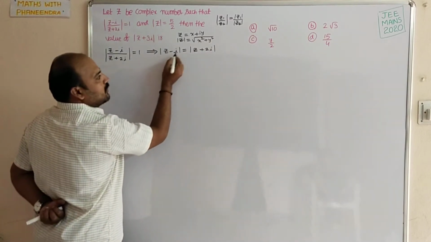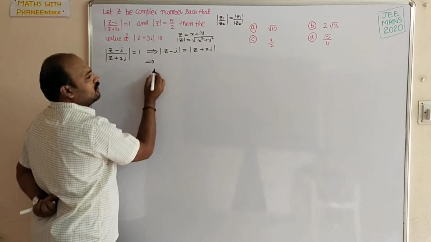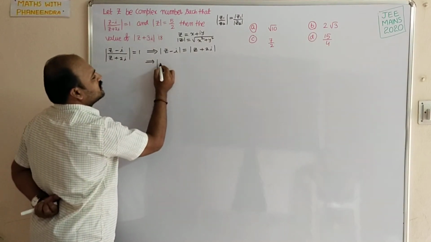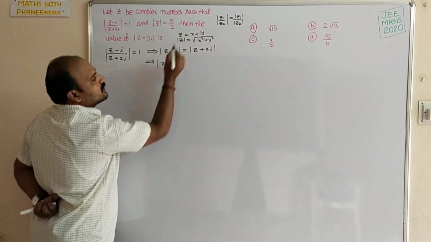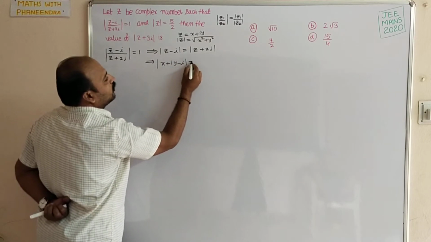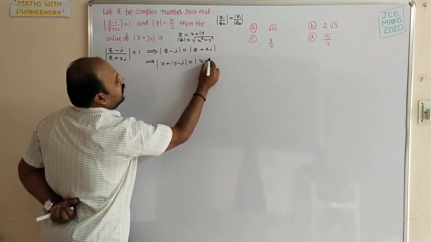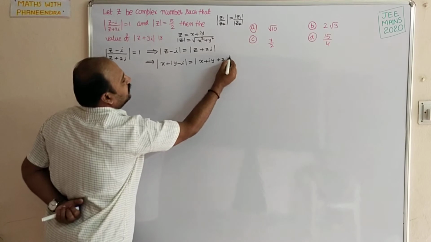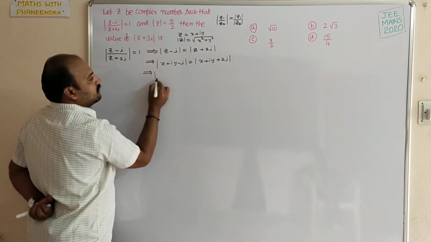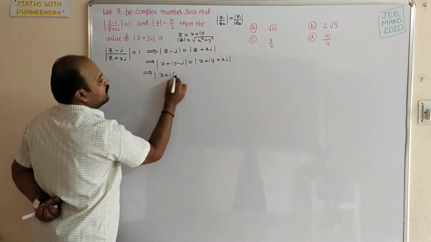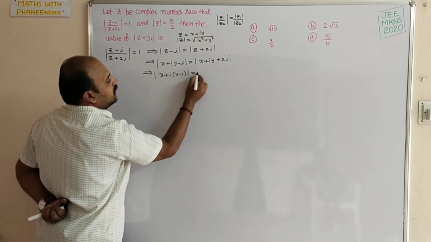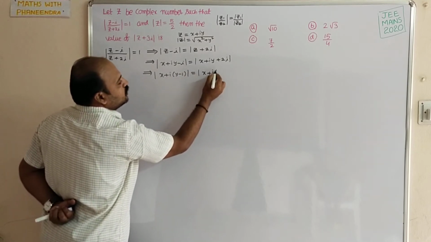So now, to make it easy to understand, step by step I'll write it. x plus iy minus i equal to x plus iy plus 2i, which implies that x plus i into (y minus 1) equal to x plus i into (y plus 2).